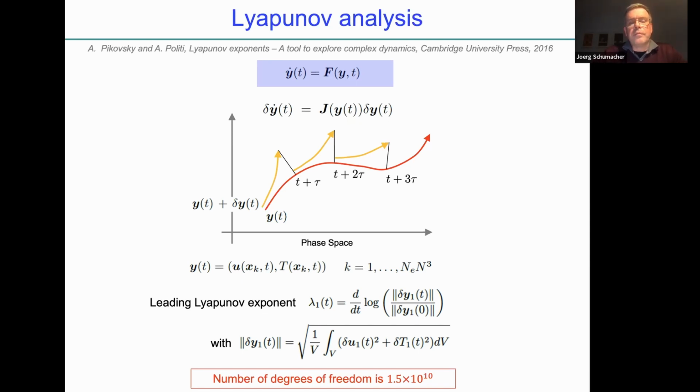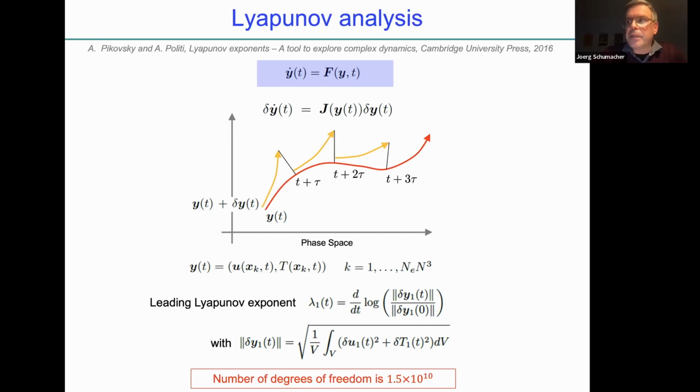So we can consider our turbulent convection flow as a dynamical system with a huge number of degrees of freedom, which we are putting all into this vector y. And there's a nonlinear right-hand side, which I have compactly denoted by this capital F vector here. And then our Boussinesq equations, in short, can be written as such a dynamical system.